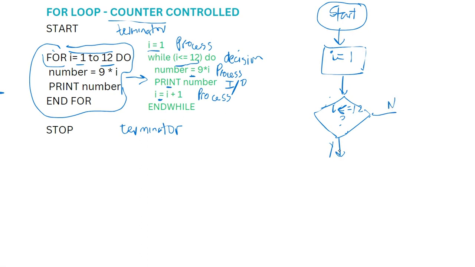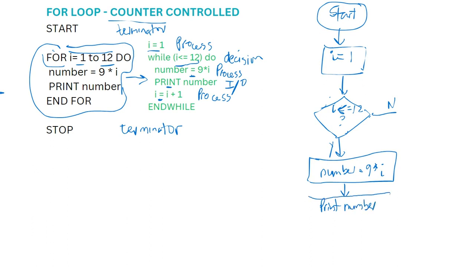So if it is yes, what do we have? We have another process which says number is equal to 9 times I, and that goes in a rectangle. Then we have an input output, which is print number. That goes in an input output.